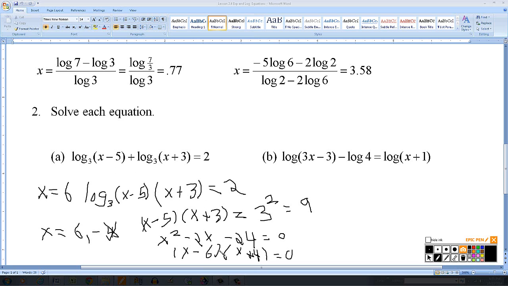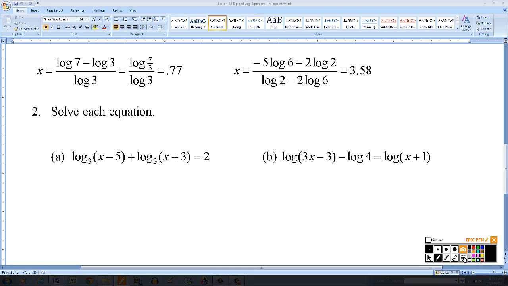Okay, in the next one, I have 3 logs. So the left side is the difference of logs. So I can write that as the log of 3x minus 3 over 4.